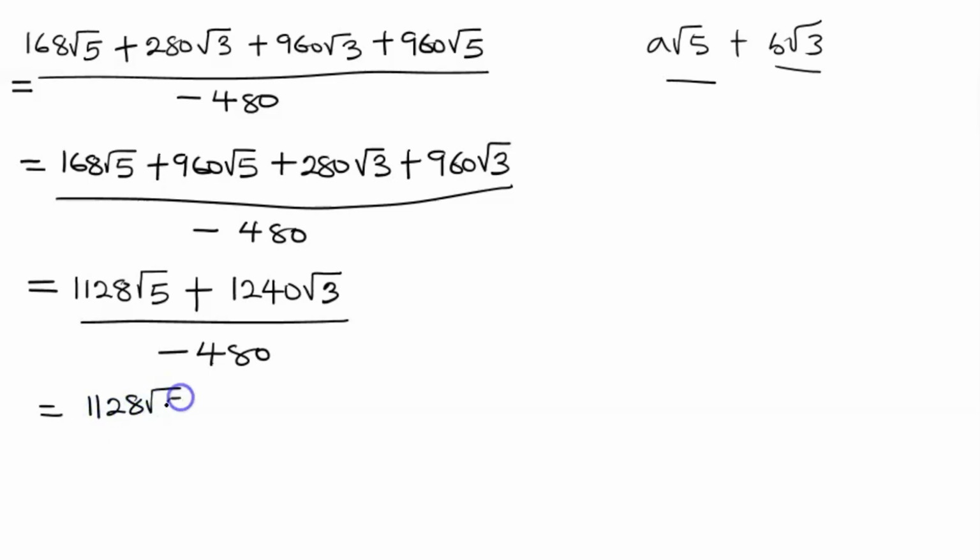So we have this, just divide it individually, divided by 480, plus 1240 root 3 divided by negative 480. It's possible you may not be able to divide by 480, but you just have to find a way of reducing to the lowest term.